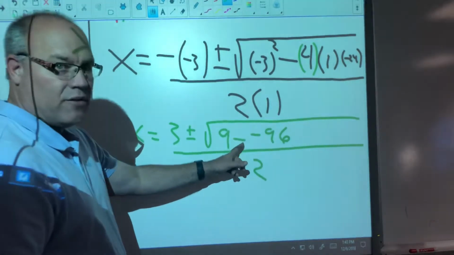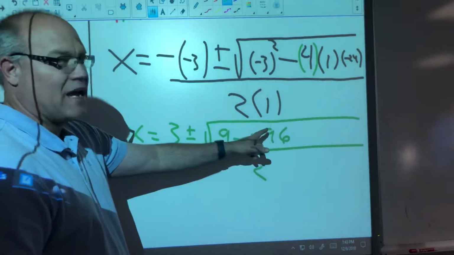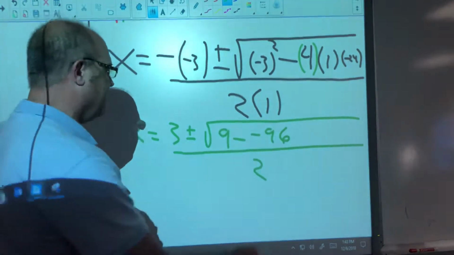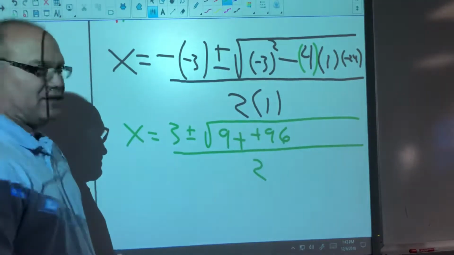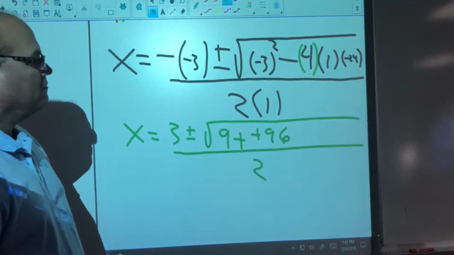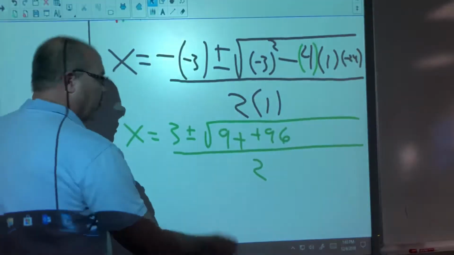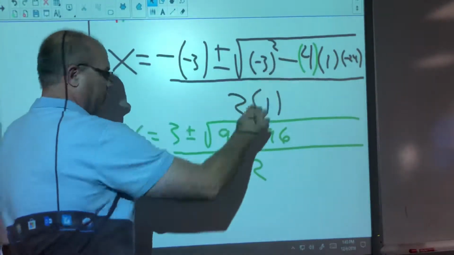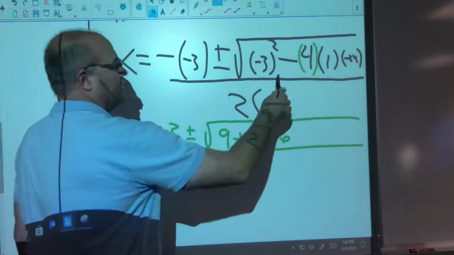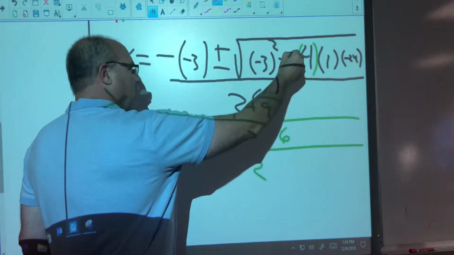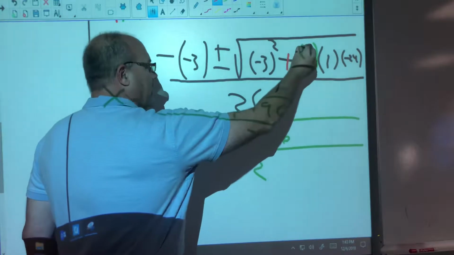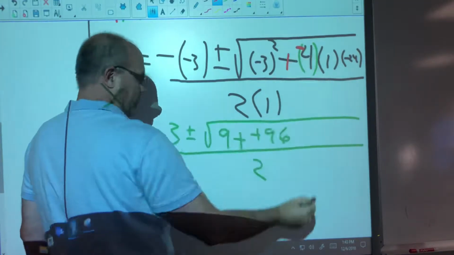Now we know our integers, subtracting a negative, we change that to add the opposite, so it becomes plus a +96. Okay? That's one way of doing it. I'll show you another way real quick how people handle this. Some people prefer to go ahead and say, instead of subtraction, they change the formula to add the opposite, and they go, let's make this a plus sign, and they make that -4.